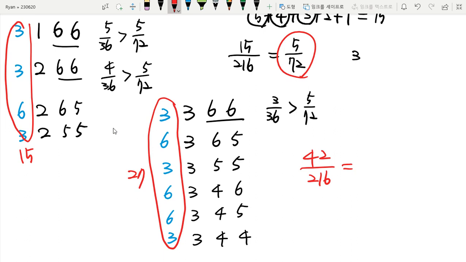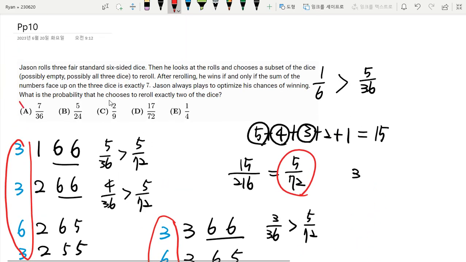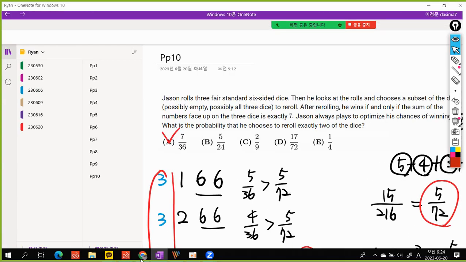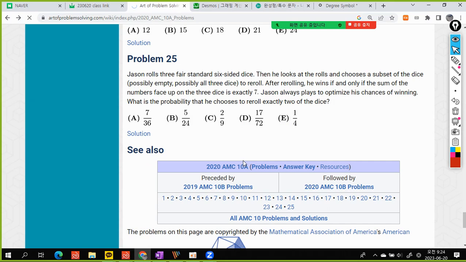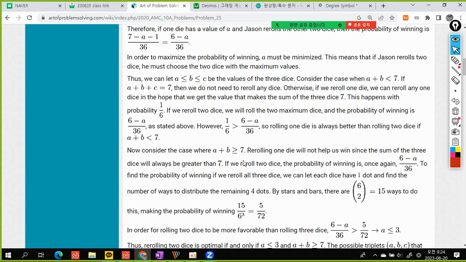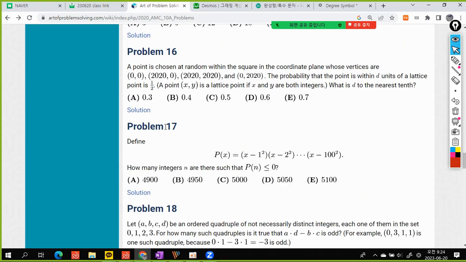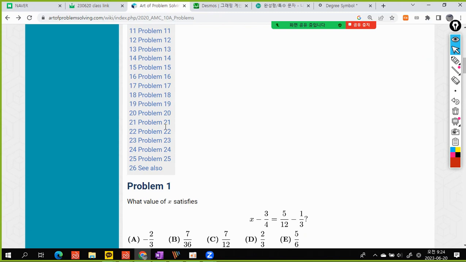The common GCF is 6, right, you can divide by 6. So the answer is A. And then, let's move to the next section.